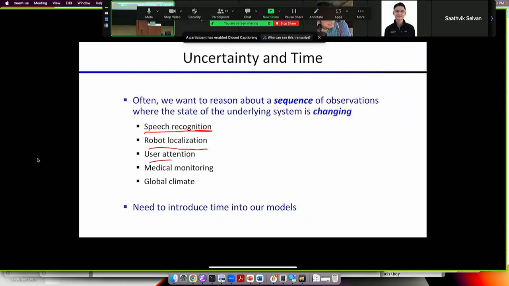A lot of this happens in HCI systems, so trying to keep track of what is the user doing. That's often done using probabilistic inference.